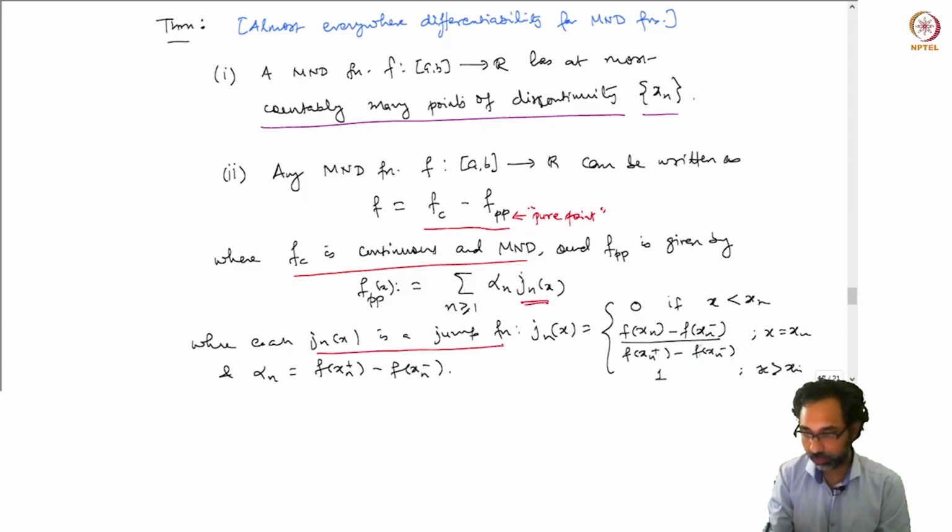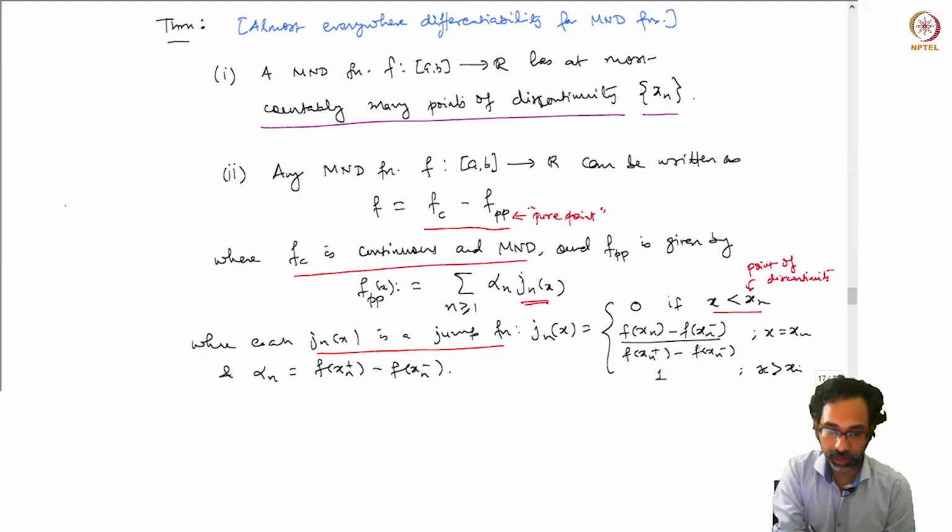Each jump function is given by this formula: j_n(x) is 0 if x is less than xn. So this is the point of discontinuity, and at the point of discontinuity it takes the fractional value of the jump that f has.